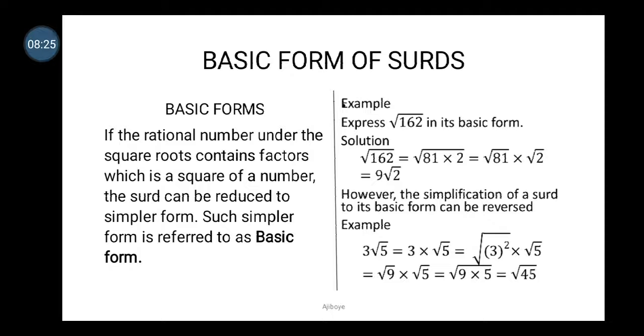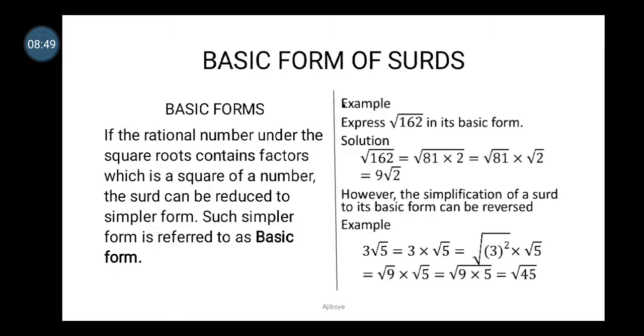For instance, square of 1 is 1, square of 2 is 4, square of 3 is 9, square of 4 is 16, square of 5 is 25, and so on till you get to 20. Once you know that very well, it becomes easier for you to express numbers under a square root as product of squares of numbers and other integers.